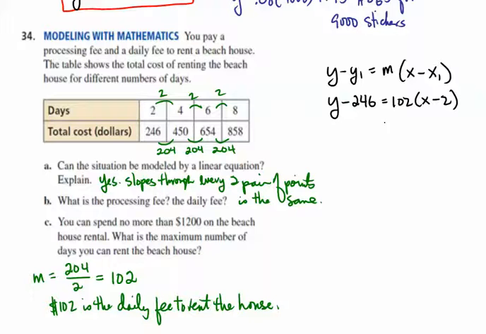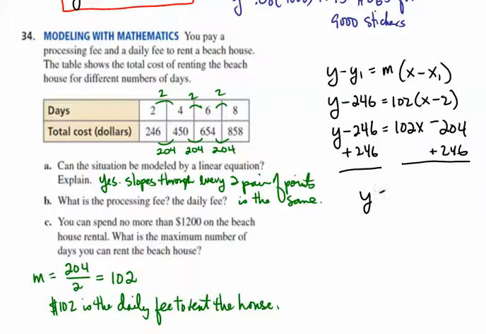Finally, we're going to simplify this down, or distribute, and we get y minus 246 is equal to 102x minus 204. We add 246 to both sides.